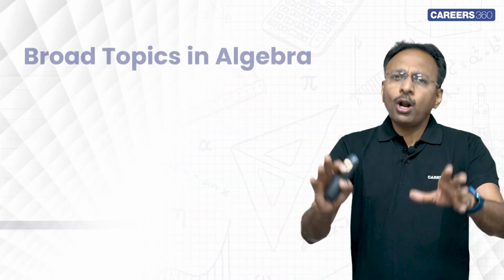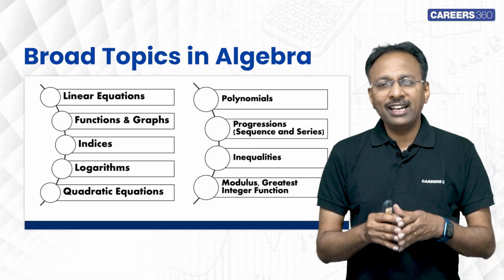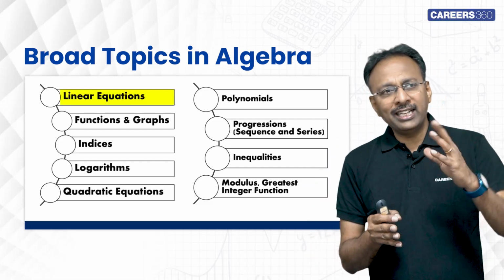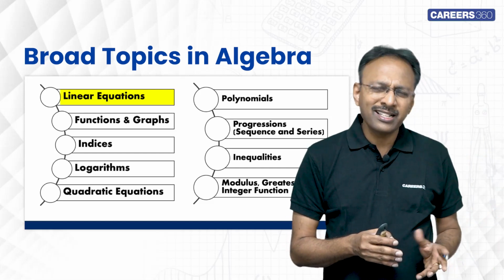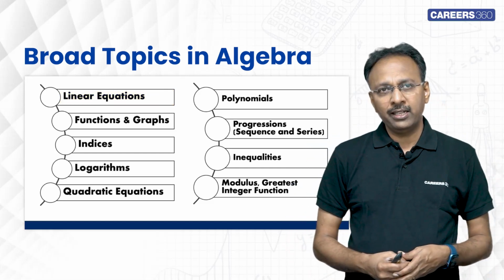And where do they come from? Which are the topics they come from? That is going to be the subject of this discussion. Broadly, the topics in algebra can be classified into about 9-10 of them. Linear equations. There are people who say that linear equations should go into arithmetic, but let's put it this way, it could be in algebra as well as in arithmetic.